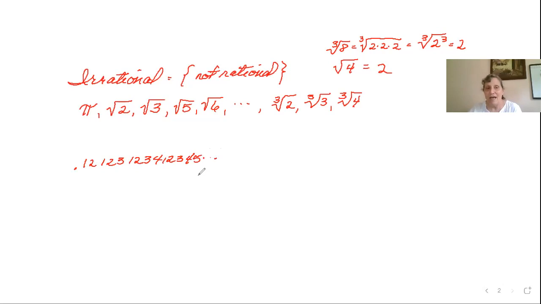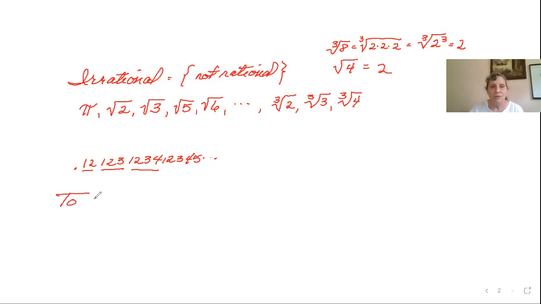We can see a pattern here. We've got these, and then these, and then these. But at no point do you ever get into a pattern where it's repeating exactly the same digits. Having a pattern and repeating specific digits are not necessarily the same thing.